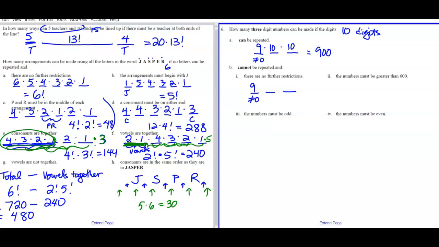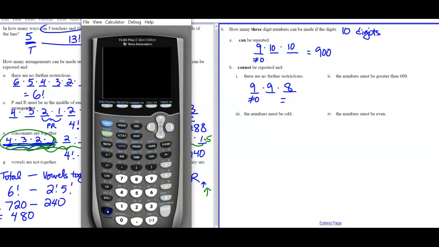Okay, 0 can be used in these ones, so you have 9 left for the next digit, or the next place value. Okay, now you've used 2 up, so you have 8 left. So we're not going to use factorial for this, right? Because then you'd have to divide in order to actually get a factorial. So what, that 9 times 9 is 81 times 8.